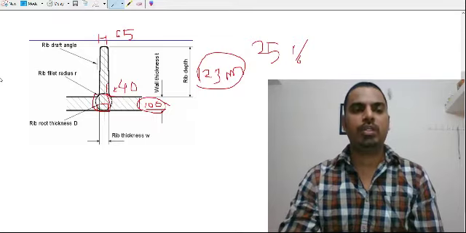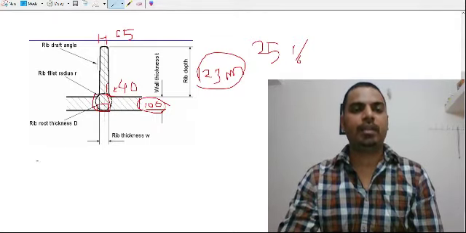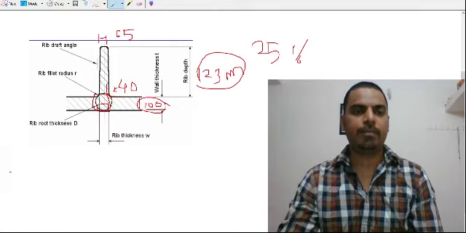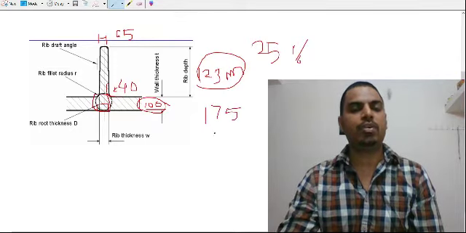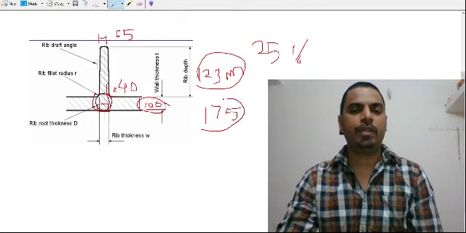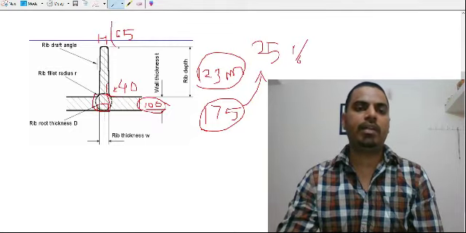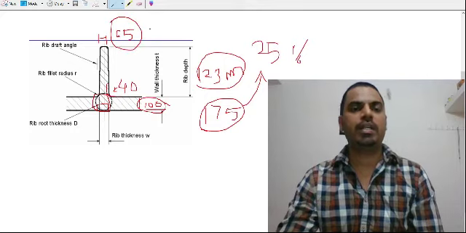If you use a rib thickness equal to the wall thickness, then the increase in thickness at this location will be around 75%. That means overall thickness at this location will be 175 mm, which is not satisfying this criteria. So most commonly the thickness of a rib is taken between 50 to 70% of the given wall thickness, and the fillet radius will be between 40 to 60 mm.